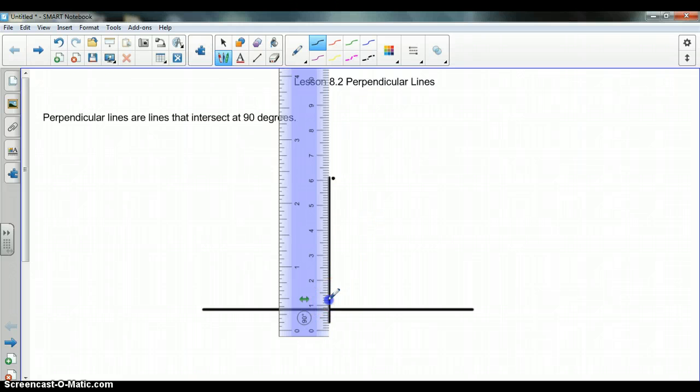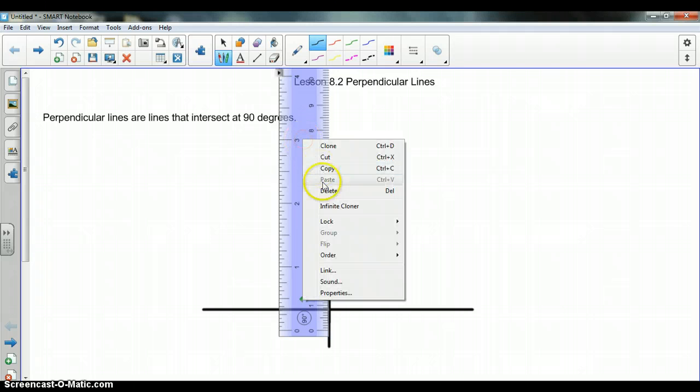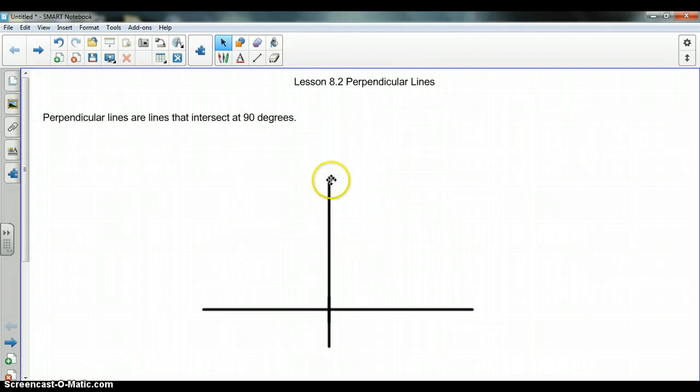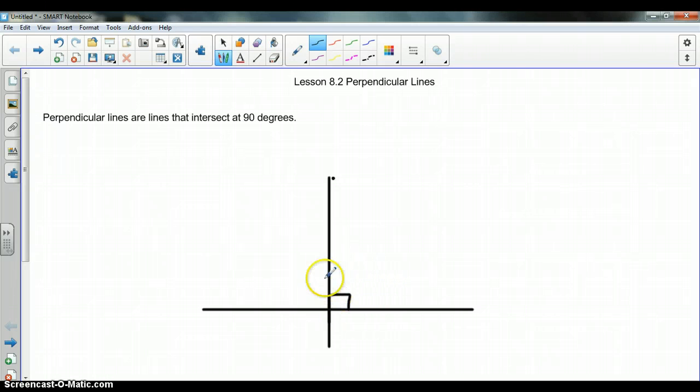I now have a 90-degree angle. Get rid of this, and you can see it. Oh, I missed my mark there just by a bit. But this is 90 degrees, and I show that by doing the little square in the corner like that. And because that meets at 90, I now have two lines that are perpendicular to each other.